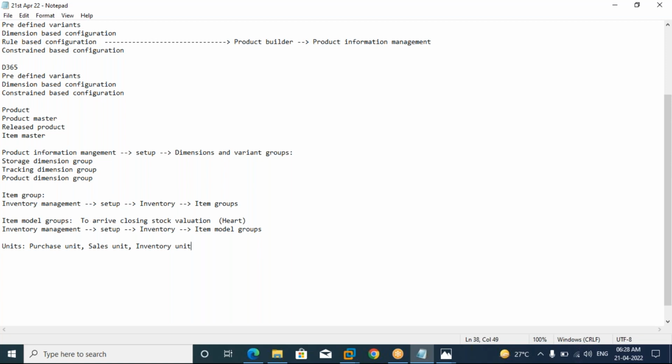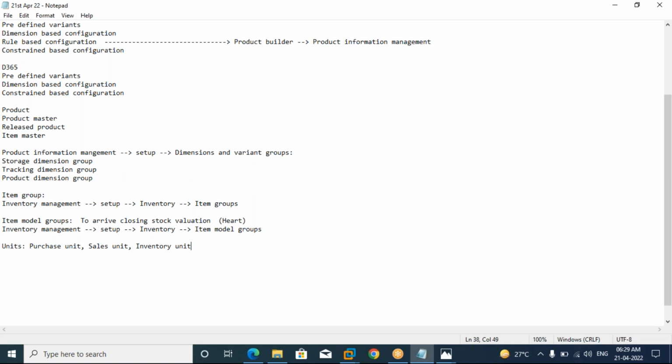Or 1 ton. If you purchase milk, 1 liter milk I have purchased. If you purchase oil, 1 liter oil or 1 kg oil I have purchased. So whatever you add to that number, that is the unit.